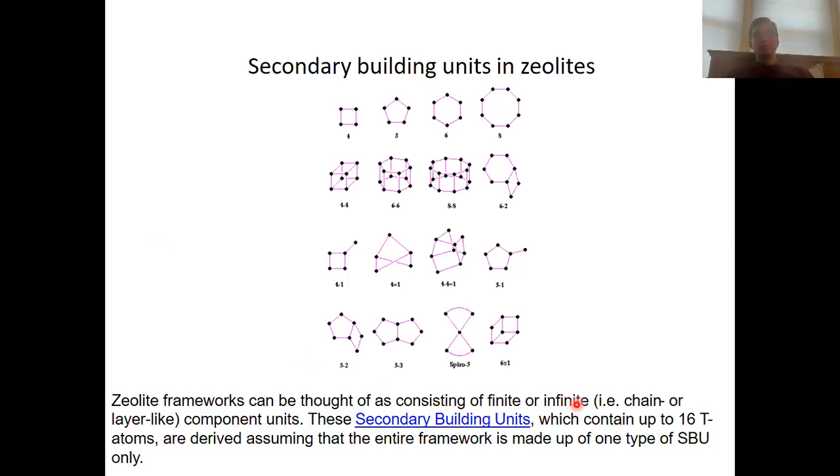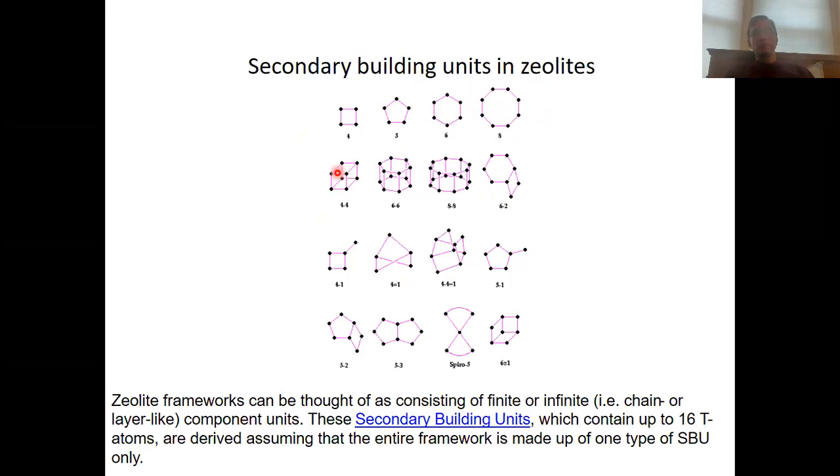We're assuming that the entire framework is made of one type of secondary building unit only. Many different types of secondary building units are possible, so here are a few of them. It can be, for instance, just rings of a different number of members: 4 rings, 5 rings, 6 rings, or 7 rings. We can have cage type secondary building units.